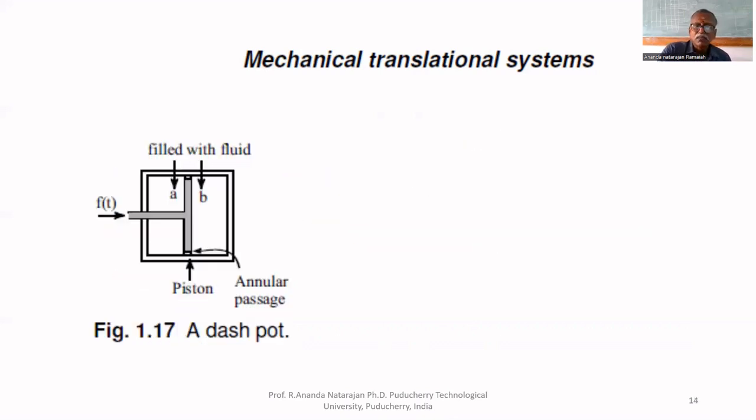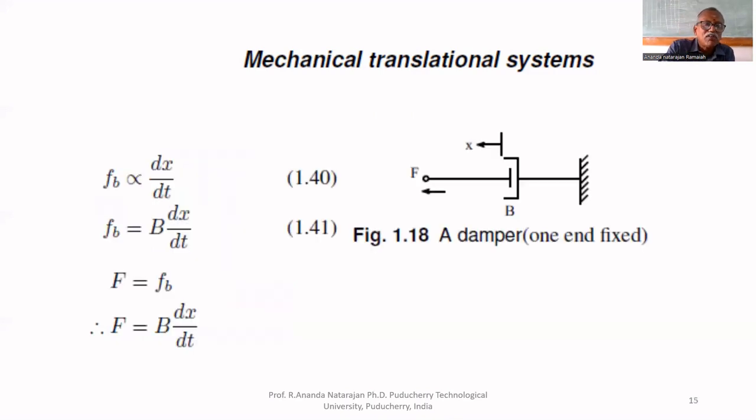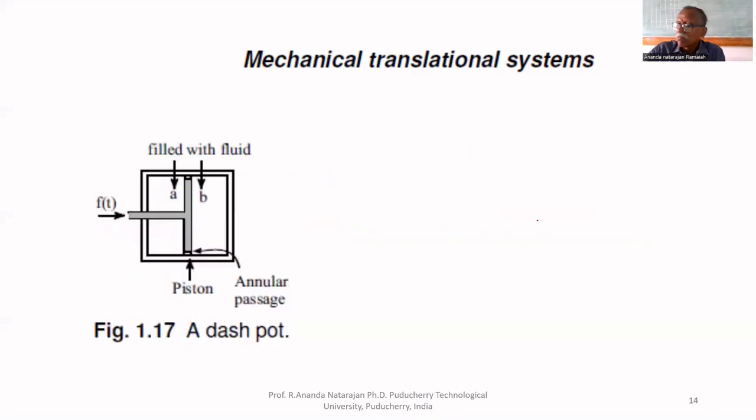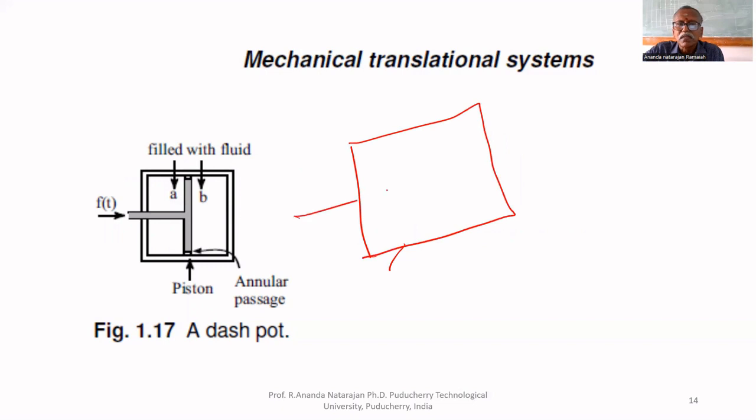Suppose I don't want something to vibrate and then settle; I want it to go slowly and reach its position, like our door closure. In that case, they will put a piston here. This is the piston.